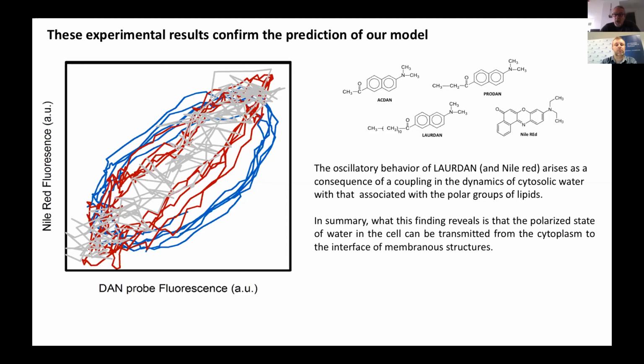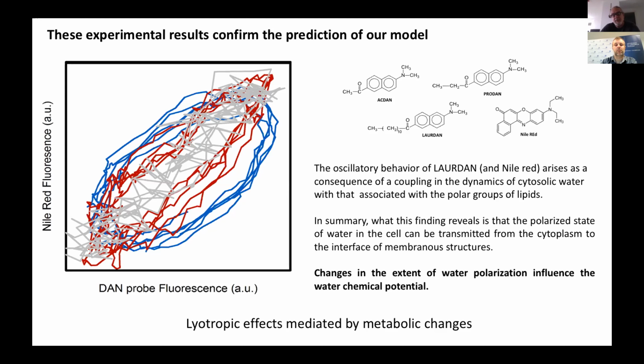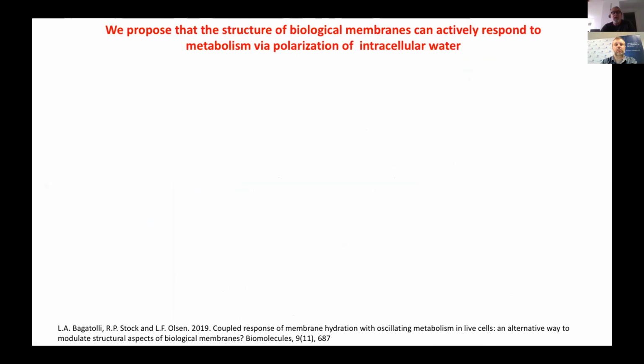So essentially, these effects on the dynamics of water in the cytosolic environment can be transferred somehow to the membranes. The interesting thing is that when you have this polarization of water, you will change the water chemical potential. So we are thinking that you may have some sort of lyotropic effects in the lipid structures mediated by the metabolic changes. And this is the model we have come up with right now.